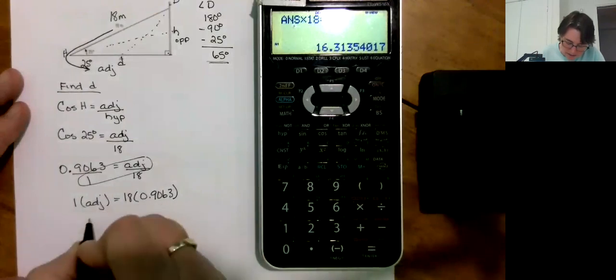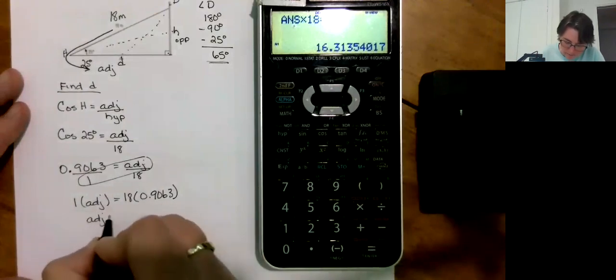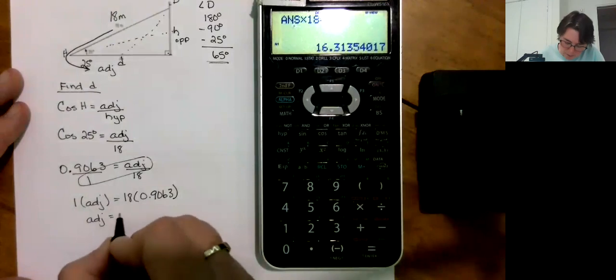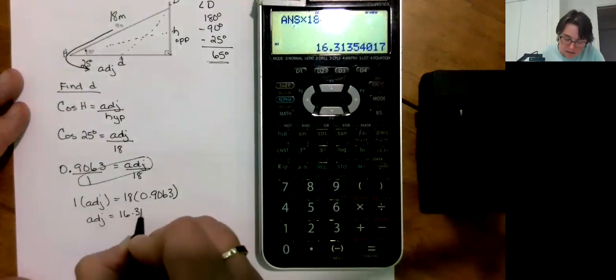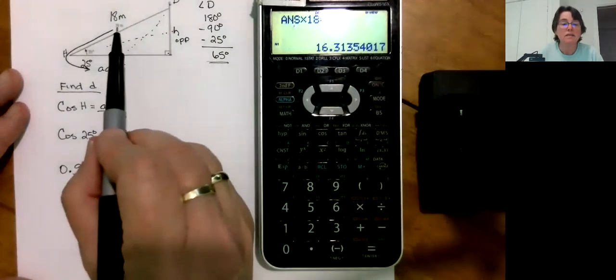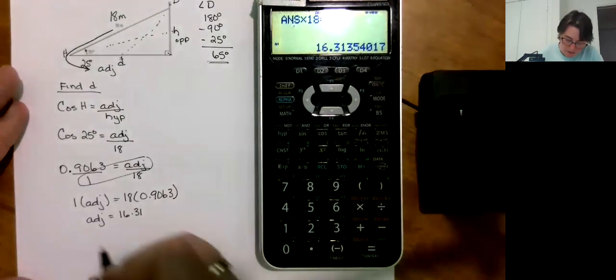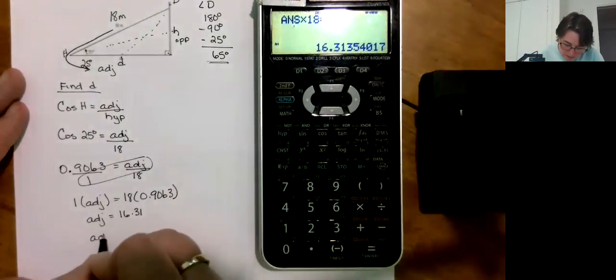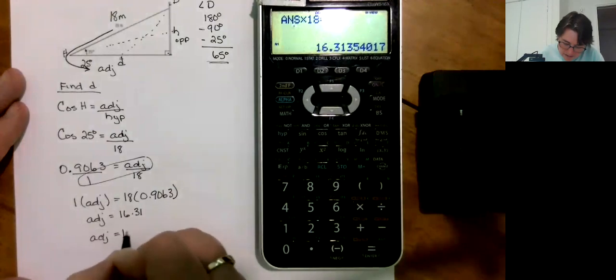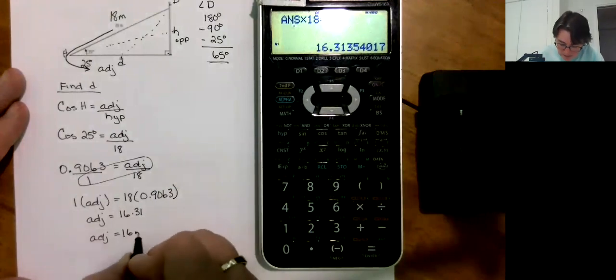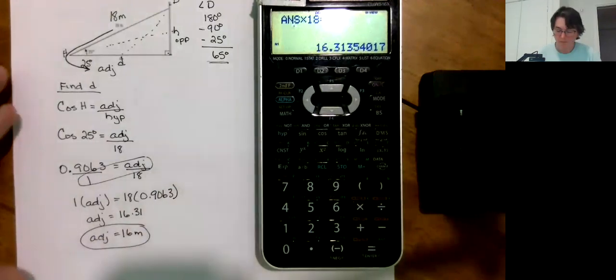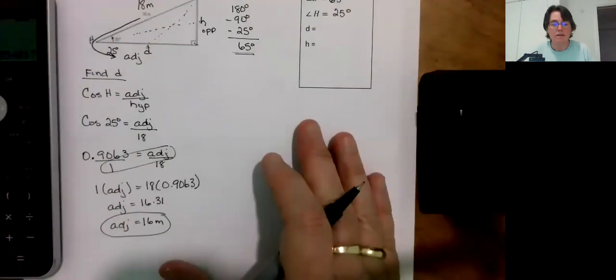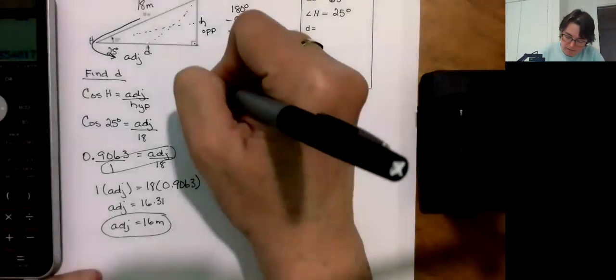So 1 times adjacent is adjacent, and 16.31. Now, it's hard to see there, but that was just rounded to a whole number. So I'm going to say my adjacent side is 16, and that was meters. All right. So now, let's worry about finding H.